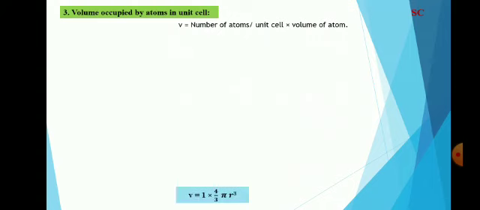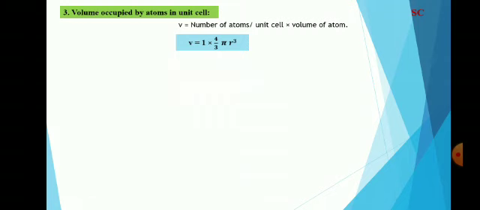Now the third step or factor: the volume occupied by atoms in the unit cell. How can we calculate it? The simple equation: V is equal to the number of atoms per unit cell into the volume of an atom.